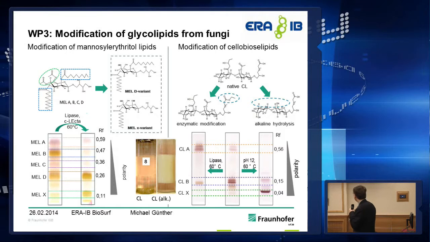You can see actually the differences in foam production or emulsifying properties here. This is a native CL and this is the alkali treated CL where you see the emulsified solution which is cleared much slower than in this case. Okay.